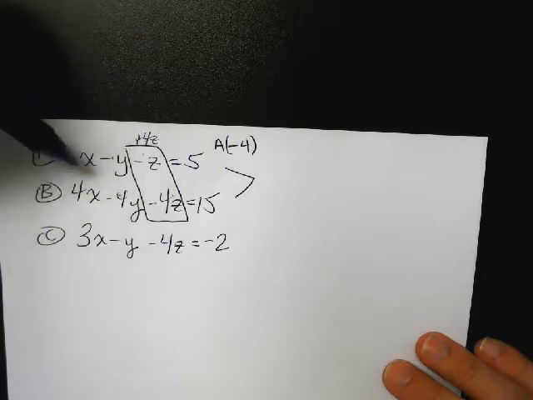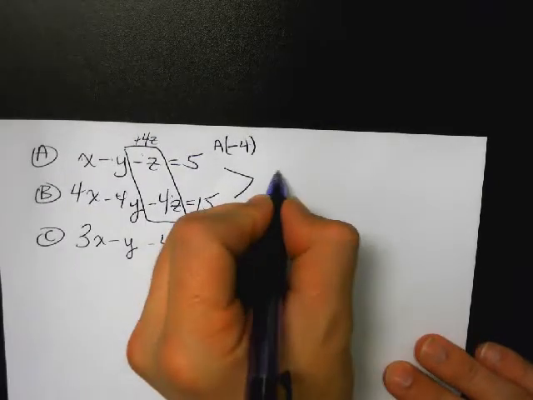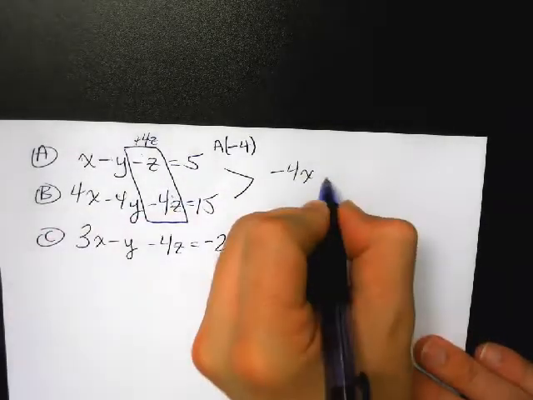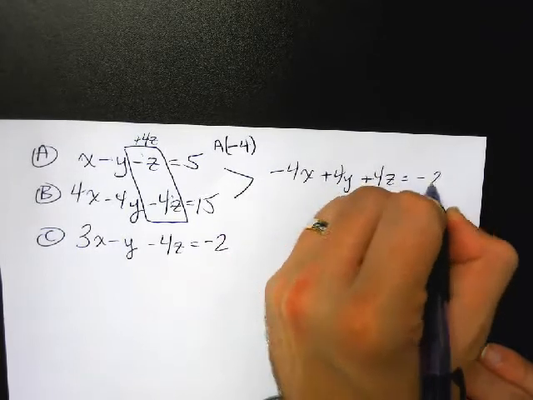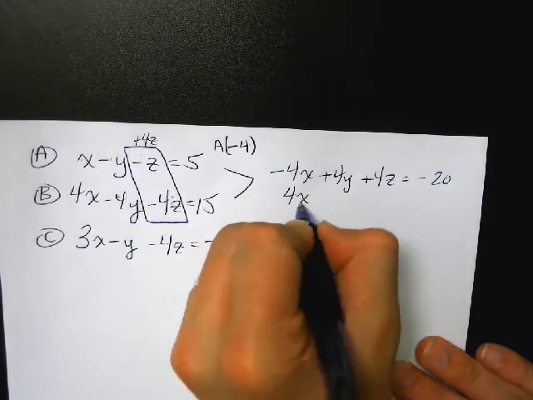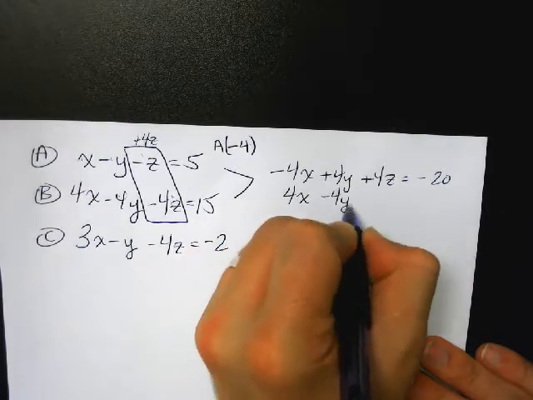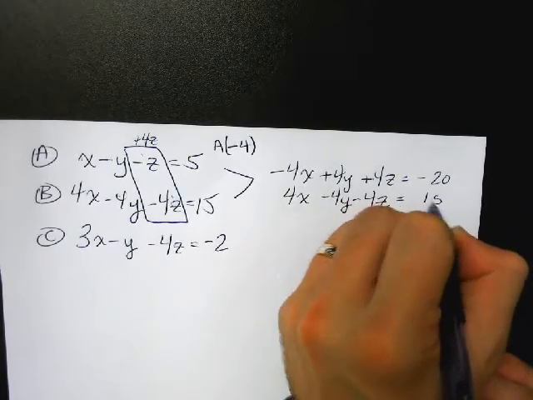So x times negative 4 is negative 4x, positive 4y, positive 4z is negative 20, and then 4x minus 4y minus 4z equals 15.